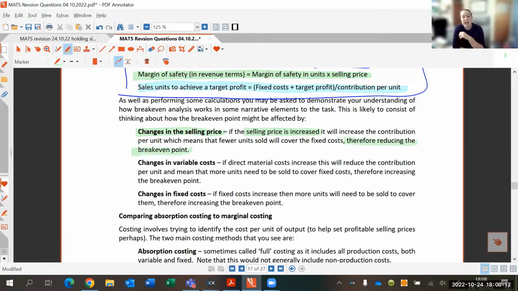The fixed costs will stay the same. If we've got more money coming in terms of revenue because we've increased our selling price, we need fewer units to cover our fixed costs. So usually if the selling price goes up, that means that your break-even point goes down.